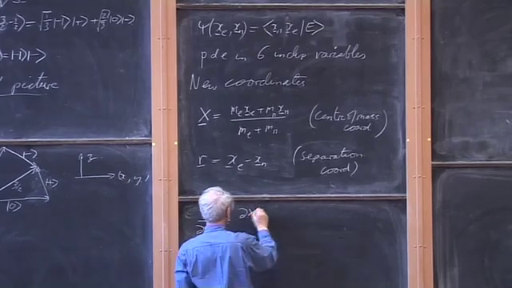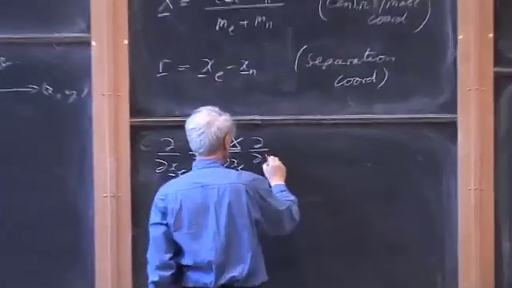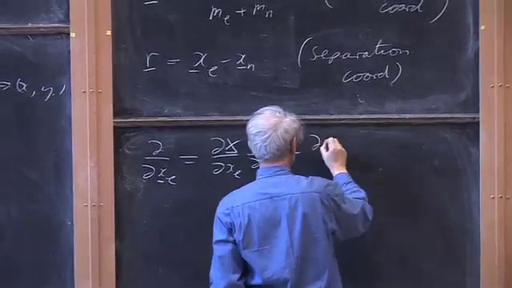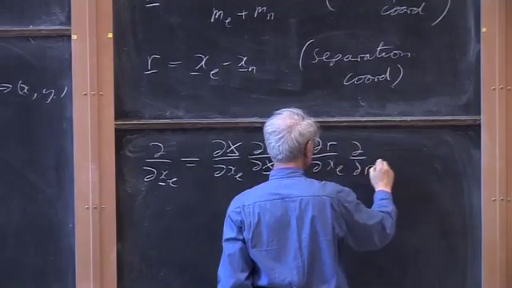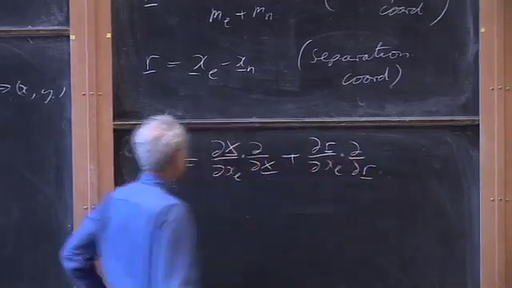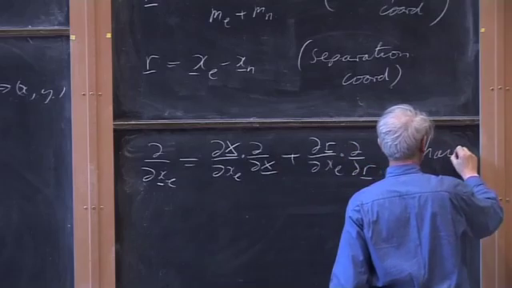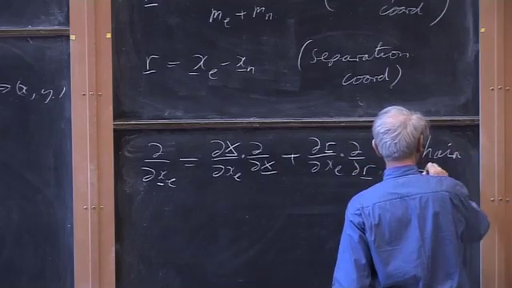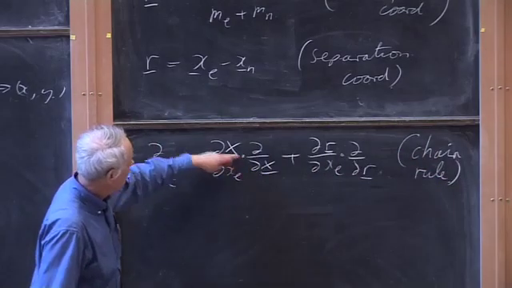Well, the chain rule says that it's d by dX plus d by dr. So this is the chain rule. Mathematics, nothing to do with physics, but because it's mathematics, it's definitely true. And this dot implies a summation, right?